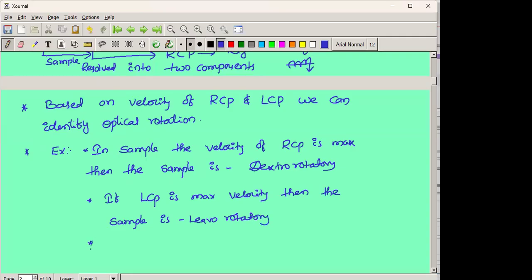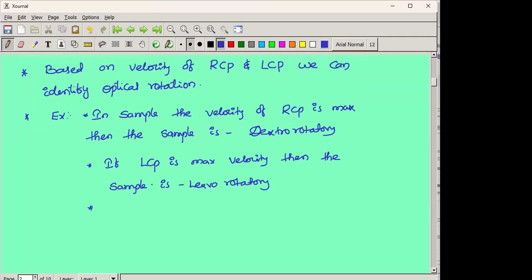So LCP and RCP have equal velocities in the molecule.